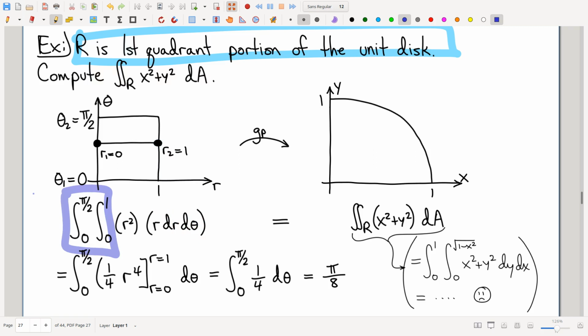Life is good. By the way, don't forget your stretching factor. It's very easy to forget this stretching factor right there. We computed that stretching factor r on the previous page because we are using the polar coordinates change of variables function. Every time you use it, same stretching factor every time, right? Notice I followed the rule.